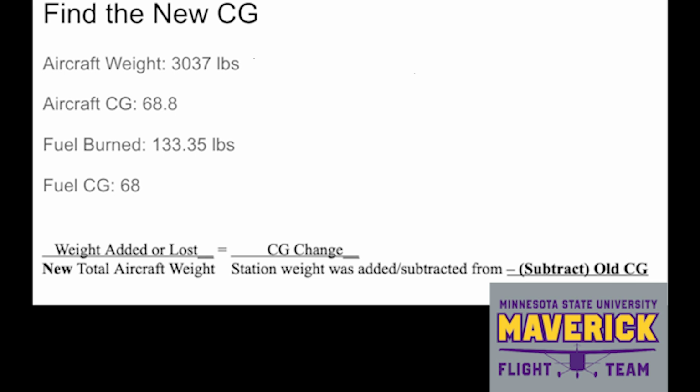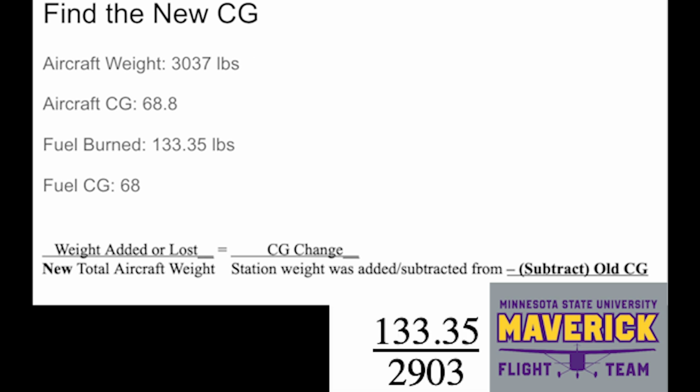So using our equation to find the new CG, we take the weight added or lost, which is 133.35, over the new total aircraft weight, which you have to do the math, 3037 minus 133.35, and that gives you a new total weight of about 2903.